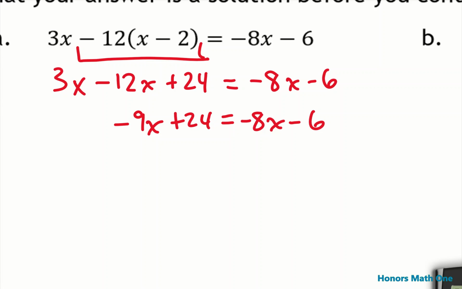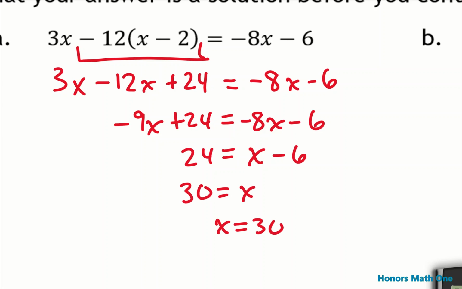I'm going to add 9x to both sides, which is quite pleasant because now on the left hand side, when I add 9x I get just 0 x's, so only 24 remains. But when I have negative 8x and I add the 9x to it, it gives me just a single positive x and then minus the number 6. So if I add over 6, I should get that x should be the number 30.